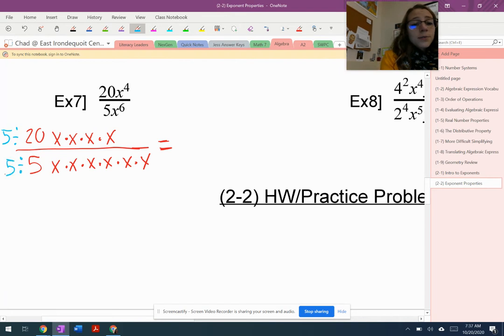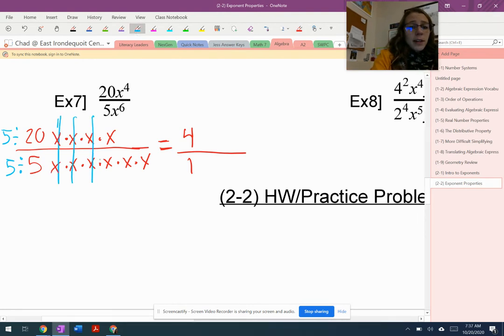So I'm going to do that. That leaves me with 4 on the top and 1 on the bottom, which I don't really need to write, but I will just for sake of the visual. And then I can do some canceling. X divided by X, X divided by X, X divided by X, X divided by X. I'm left with 2 X's, but careful here because notice the placement of those 2 X's.